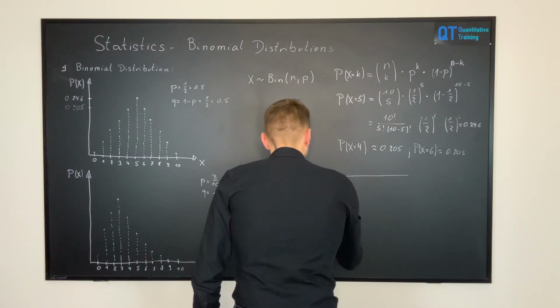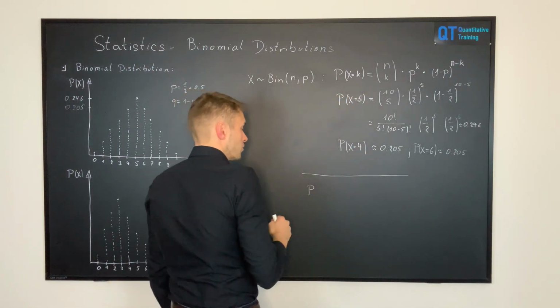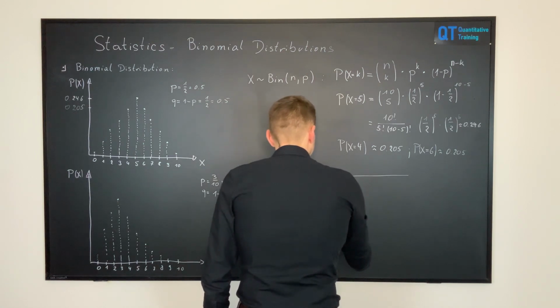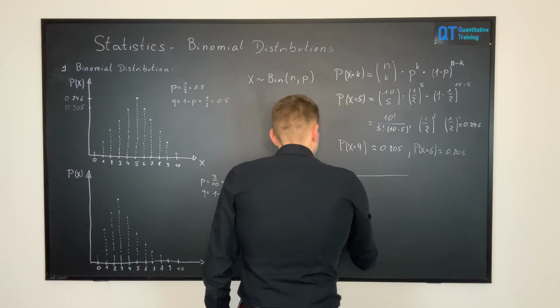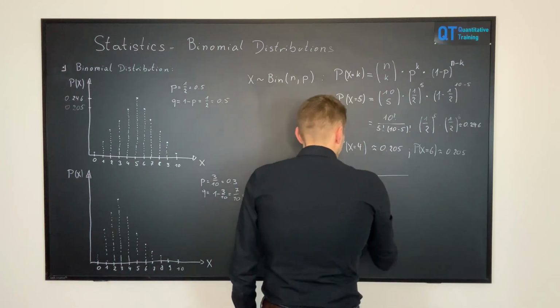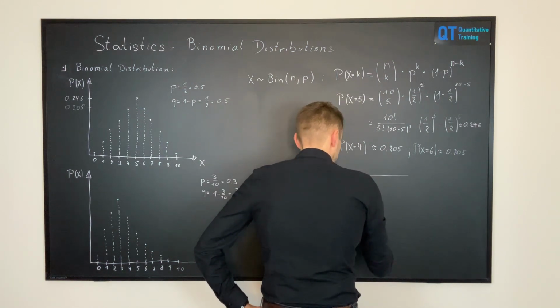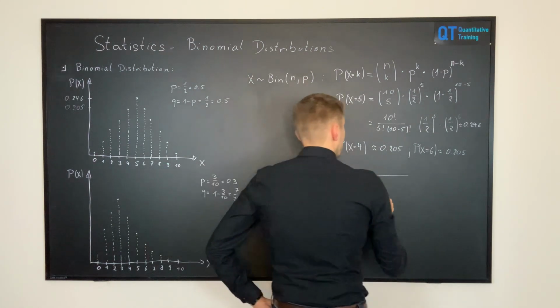So basically you still use this formula, which is the binomial formula, of course. Let's say, for instance, the peak is at x equals 3. You still repeat the random experiment 10 times, but this time the number of successes is 3.